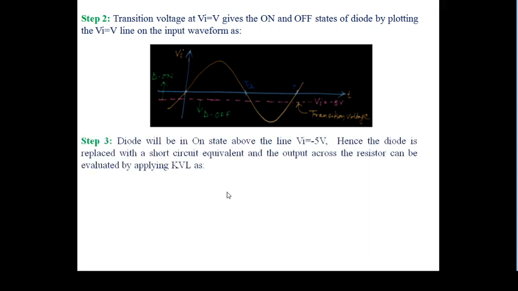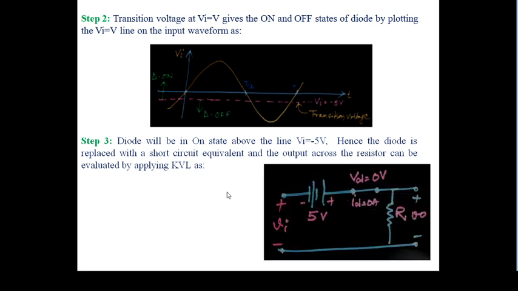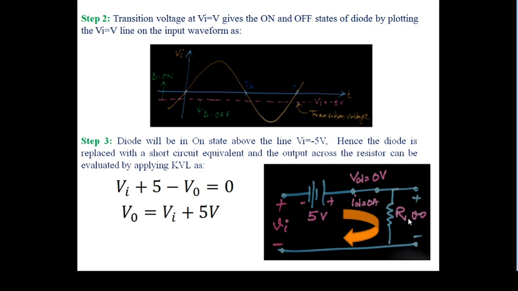Now the third step: when the diode is on, what should be the output voltage? The diode is replaced by a short circuit. When the diode is in the on state, Vi plus 5 minus V naught equals 0. So it will give the output voltage as Vi plus 5 volt.